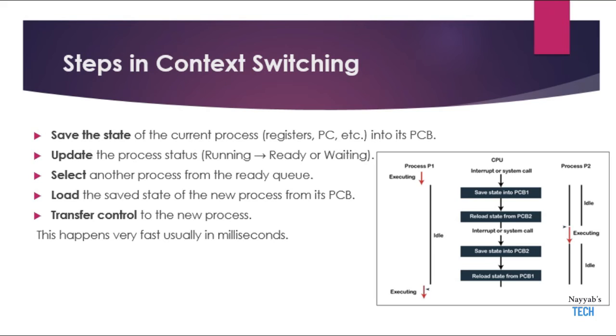Then it selects another process from the ready queue, loads the saved state of the new process from its PCB, and then transfers control to the new process.